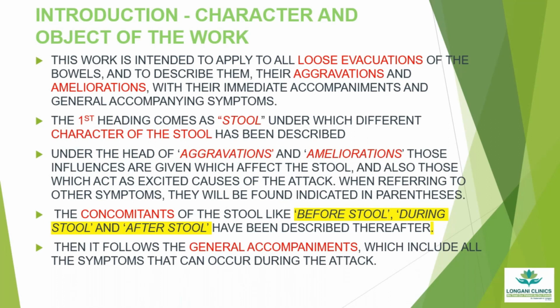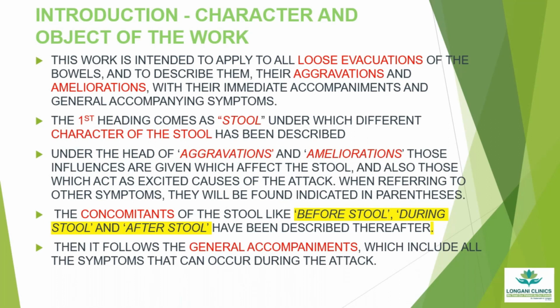The first heading comes as stool, under which different characters of the stool have been described. Under the head of aggravation and ameliorations, those influences are given which affect the stool, and also those which act as exciting causes of the attack.